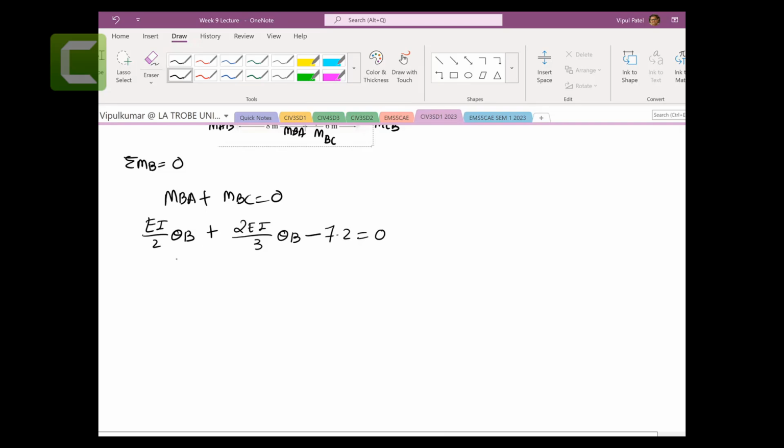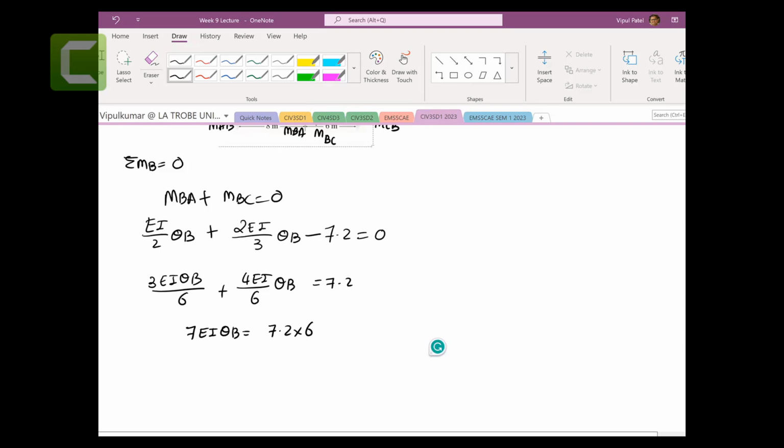So we can do the lowest common denominator: 3 EI theta B on 6 plus 4 EI on 3 theta B equal to 7.2, and that is 6. And that would be 7 EI theta B equal to 7.2 times 6.